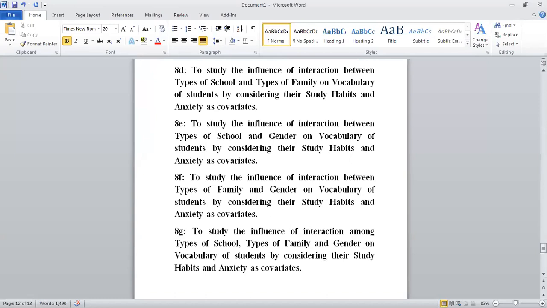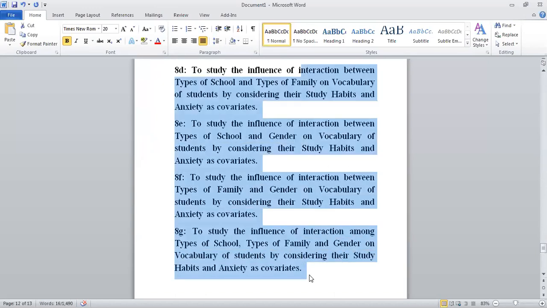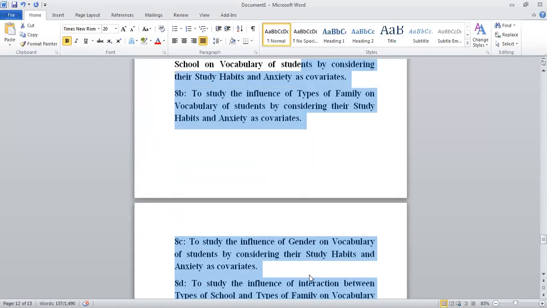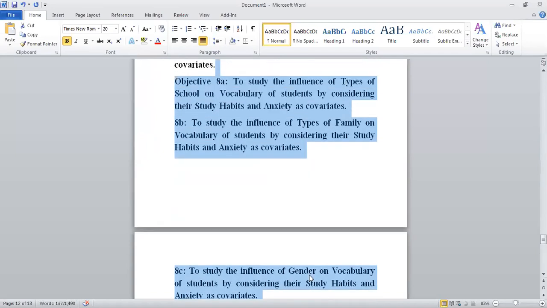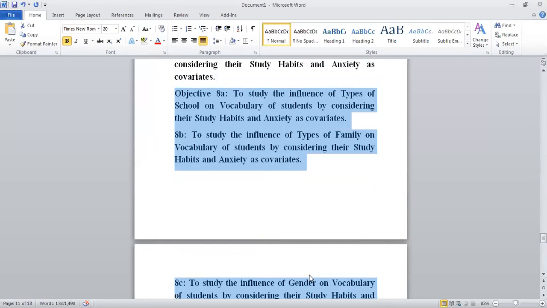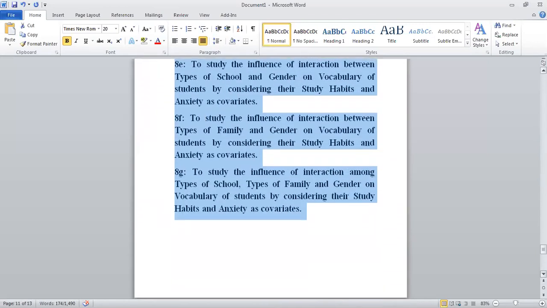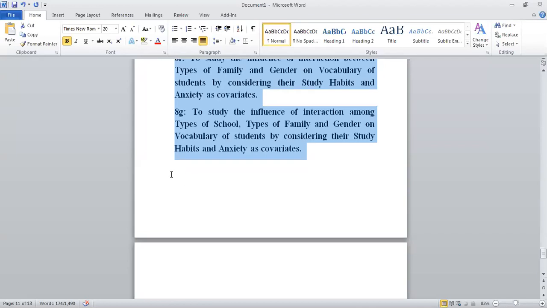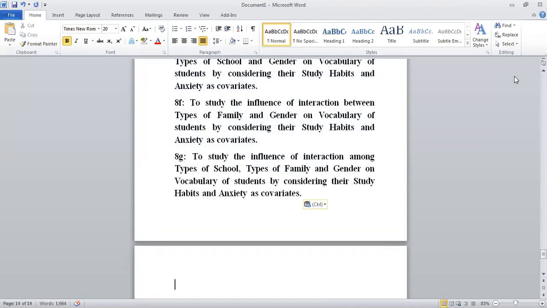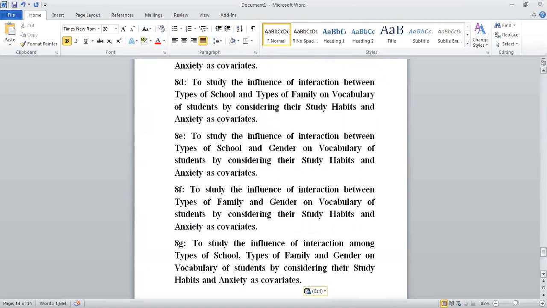And if I have this, then how exactly will I write my hypothesis? So I can copy and paste, and then I can make the appropriate changes here. So I'm just copying and making the changes so you start understanding it. Okay. Now I can paste it here. And now I make the change.